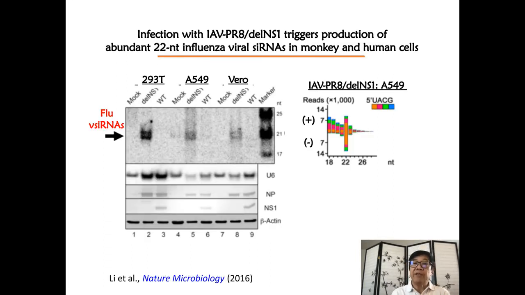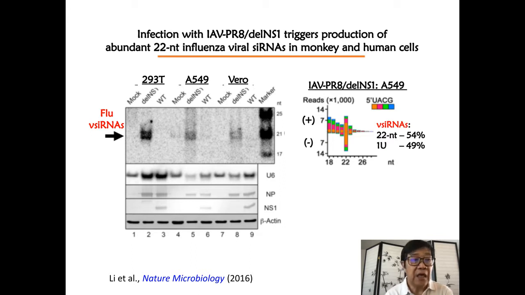Deep sequencing of the total small RNAs from human A549 cells infected by the NS1 deletion mutant virus show that these cells accumulate abundant positive strand and negative strand influenza viral siRNA.